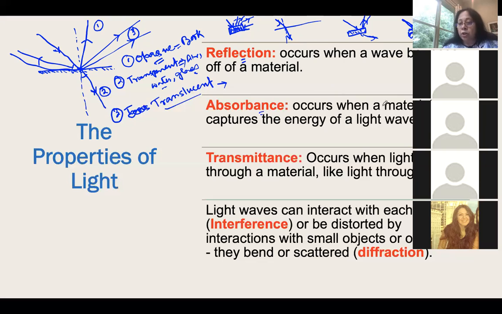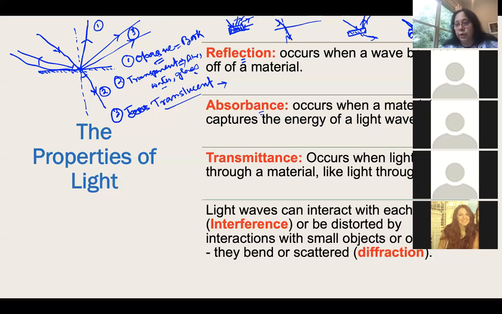It occurs when a material captures the energy of a light wave. Every time absorbance occurs, one type of energy converts into another type of energy. Like over here, I gave you the example of the book, where light energy converts into heat energy. So that's the absorbance.